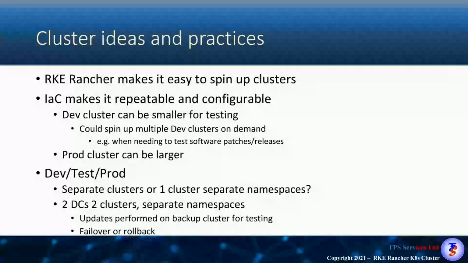The good thing about that is, if I can spin up a cluster on demand that looks like my production cluster, then I can start to apply software patches and releases and see whether that breaks anything. Do I want to do the updates or not? And from there, having separate clusters gives me that sort of safety net, that stability that I need for my production environment to carry on running, and for me to be able to test out the under-the-scenes cluster changes that are going to happen.